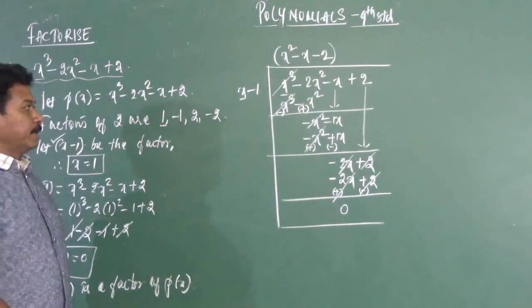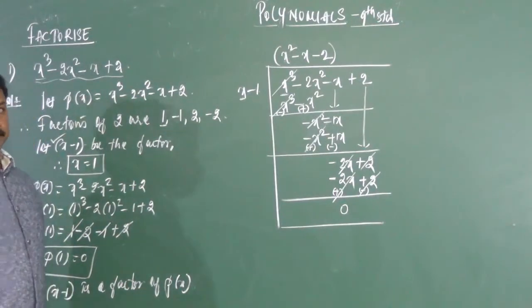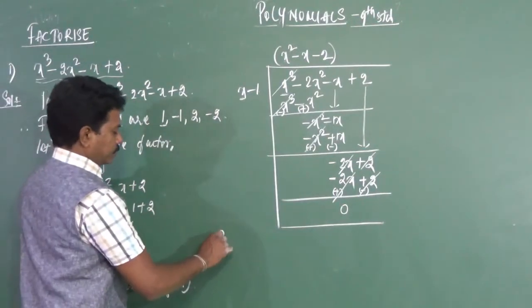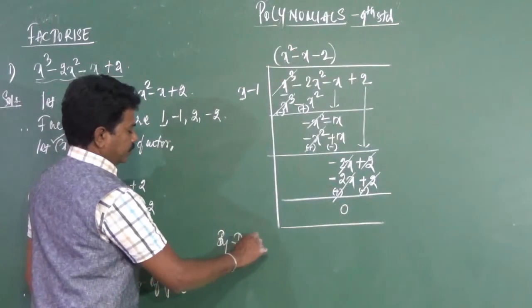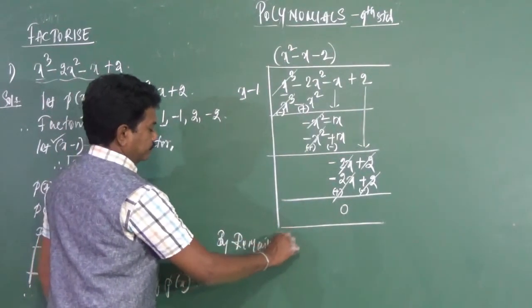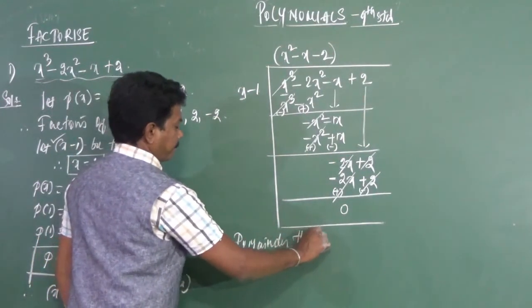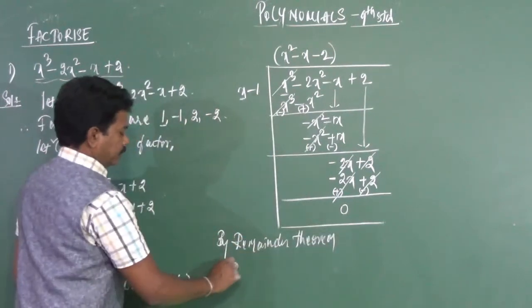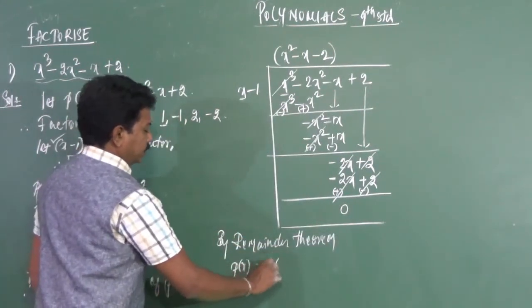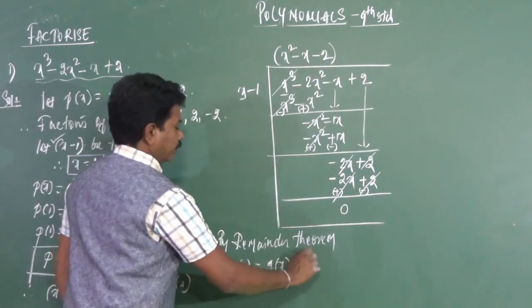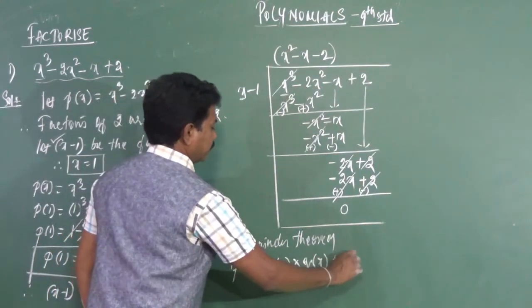Right? Now we will apply the remainder theorem. By the remainder theorem, p of x is equal to g of x into q of x plus r of x.